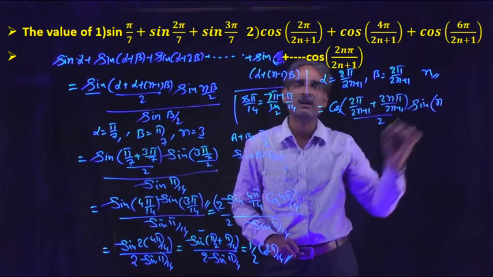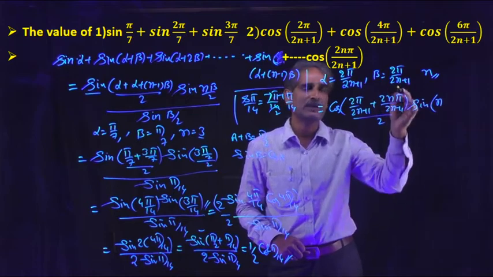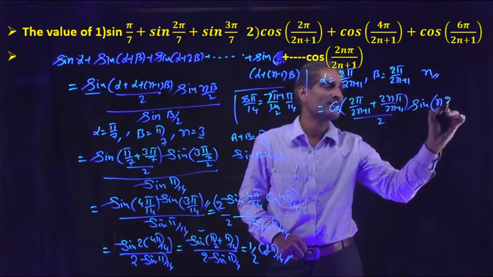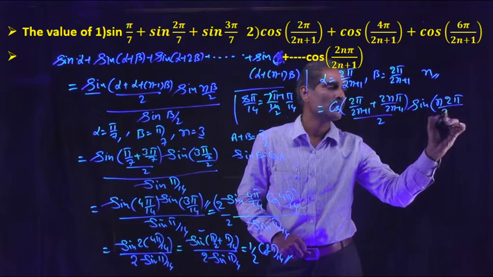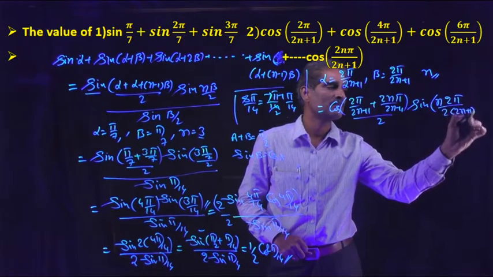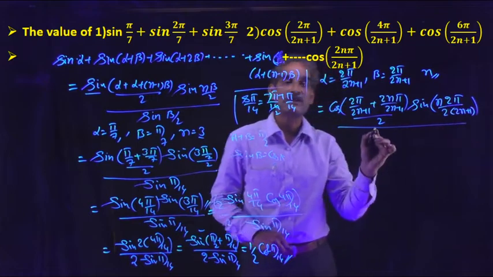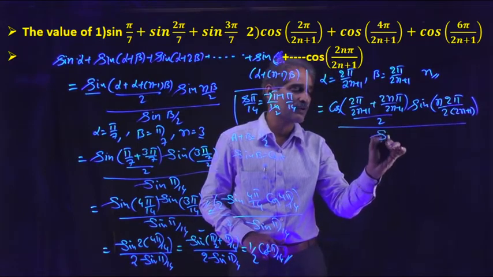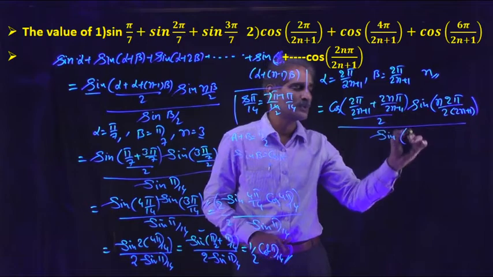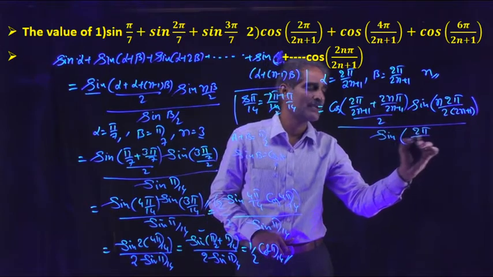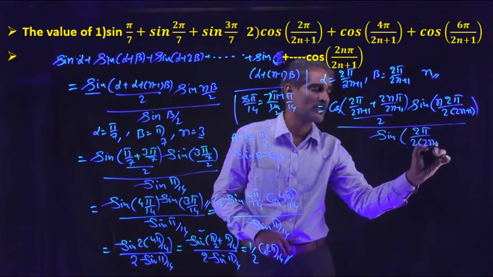That means n number of terms. Here beta is 2 pi by 2n plus 1, by 2. That means 2 pi by 2 into 2n plus 1, whole divided by sin of beta by 2. Here beta by 2 means 2 pi by 2 into 2n plus 1.